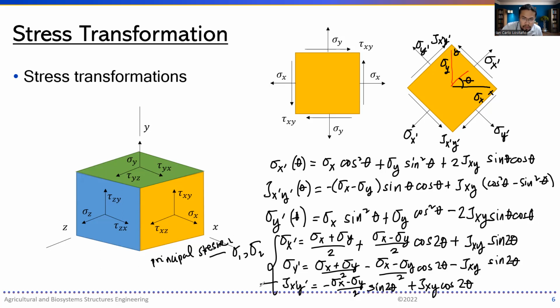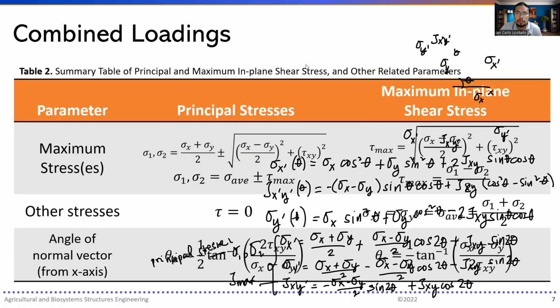And we get here a value of the shear max, the maximum in-plane shear stress, and we have it in this manner, right? Let's try to clear this up.